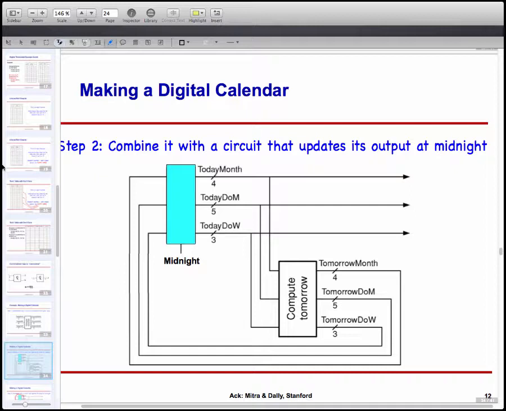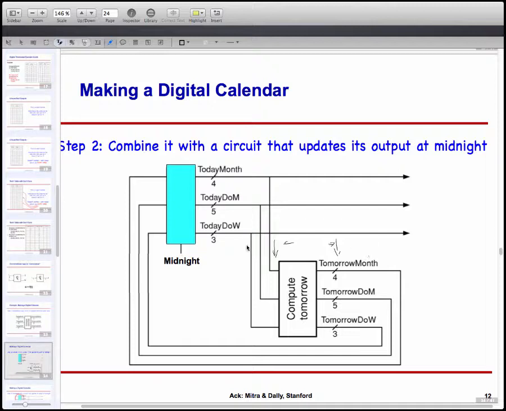What compute tomorrow is doing is just adding 1 to the representation of the day. So it's a purely combinational thing. The output here immediately follows whatever is happening. Whenever the left side changes, the right side immediately changes.